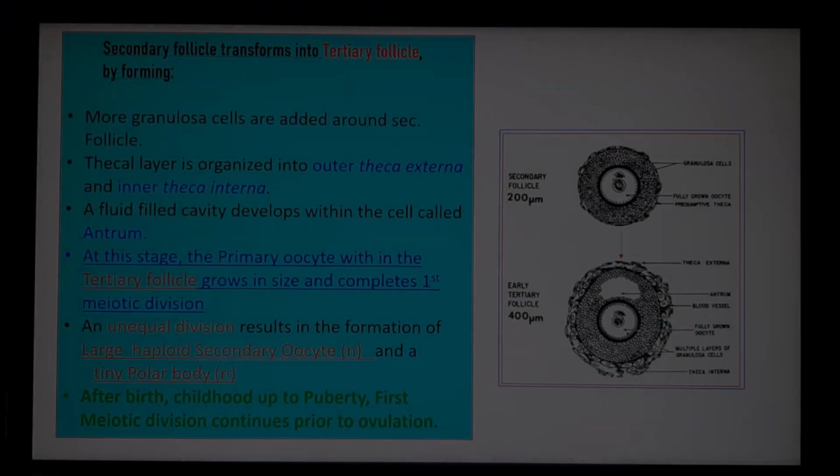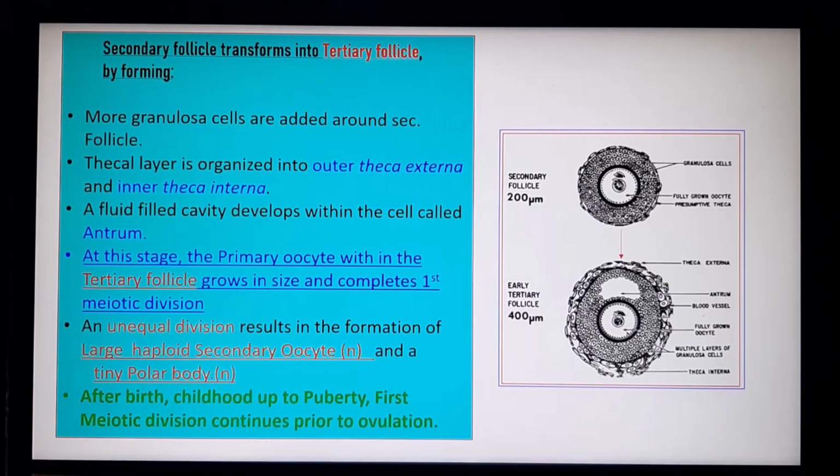Remember, at this stage, the early tertiary stage, the first meiotic division completes, and this division is an unequal division where a large haploid secondary oocyte and a tiny polar body are formed. Both the secondary oocyte and the polar body are in haploid condition.